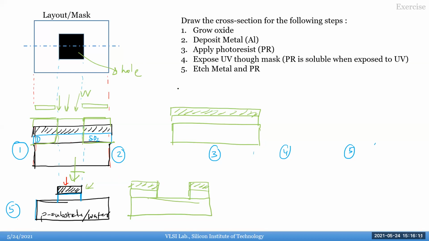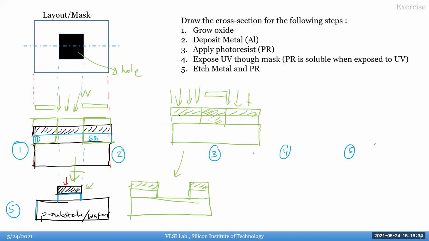So if you did this with a negative mask, then here the UV was allowed here. Now you want the UV to be allowed everywhere else but the mask area. If you do that, then these become hardened and this becomes soluble, and you etch this away and then you remain here.